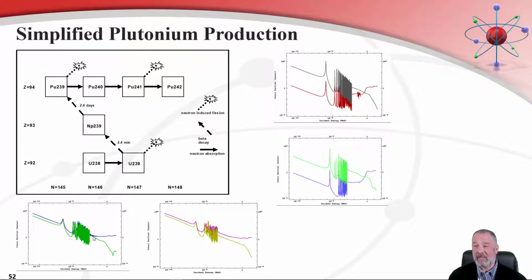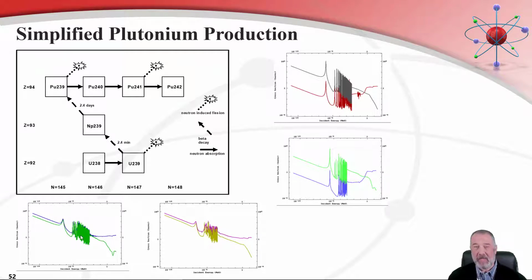Once we get up to the higher energies, we see that the probability that it will grab a neutron and turn into plutonium-240 goes down by quite a bit, while the fission cross-section, or probability, stays pretty constant. And we see almost the exact same thing happens with plutonium-241.